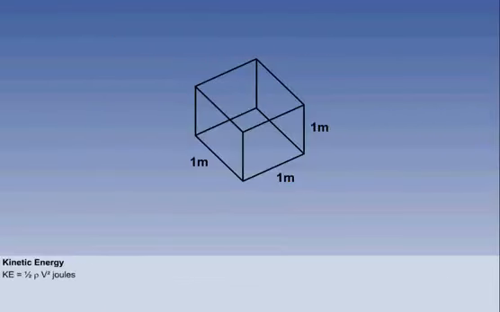Let us consider the kinetic energy of 1 cubic meter of air moving at a stated speed. It is the product of the local air density, ρ, and the square of the speed in meters per second, divided by 2.